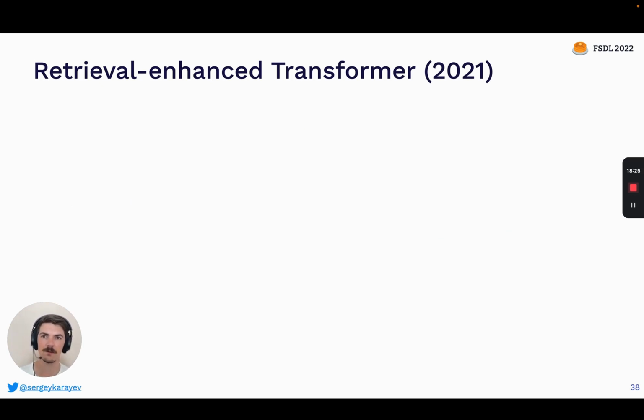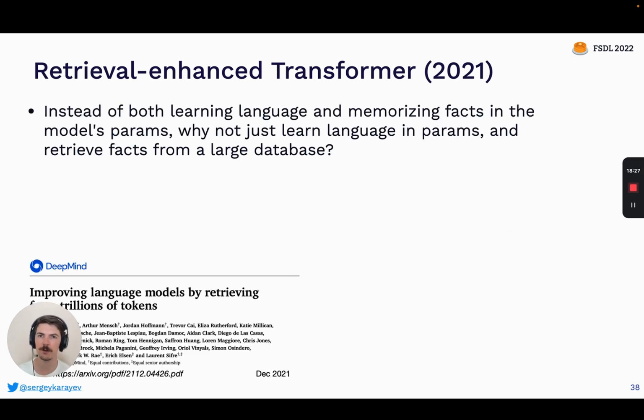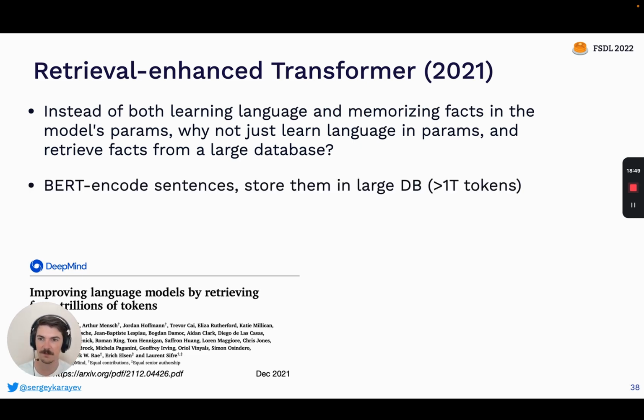Another notable model is called RETRO, Retrieval-Enhanced Transformer, from DeepMind. And the insight there is, instead of both learning the grammar and the language and memorizing facts about the world in the model params, why not just learn the language and grammar in the params and then retrieve facts from some large database of internet text?